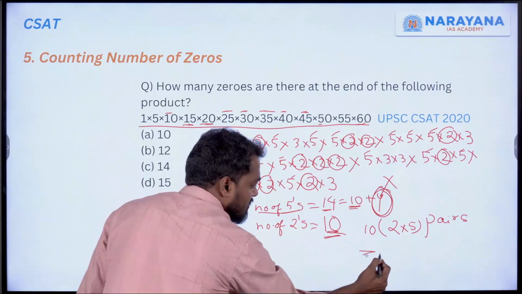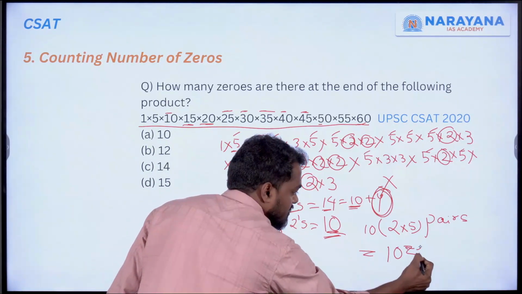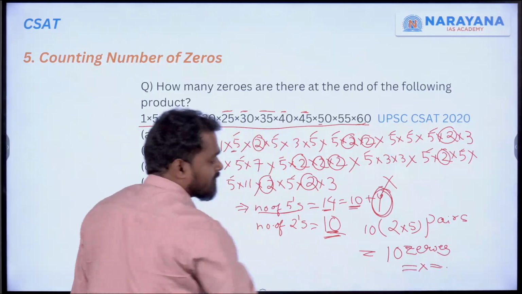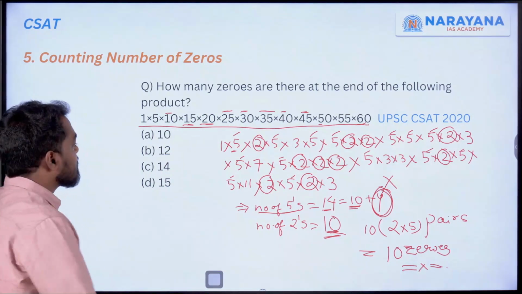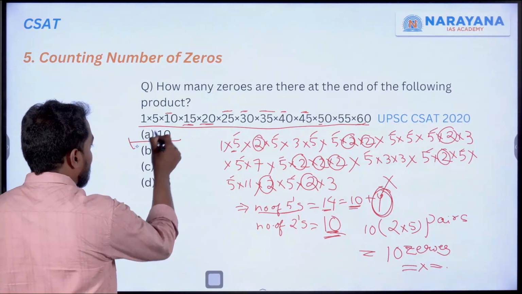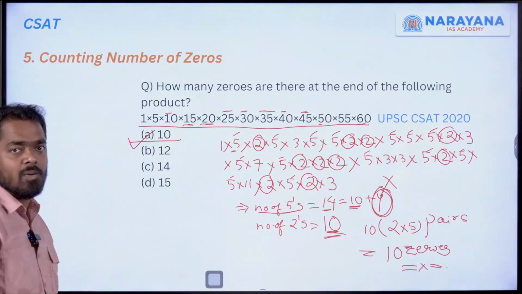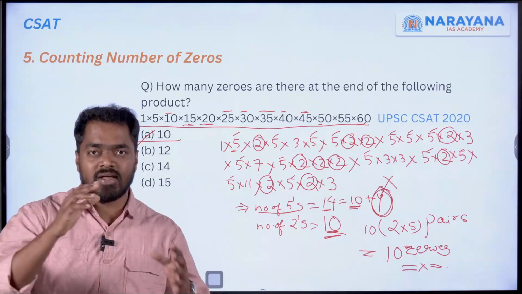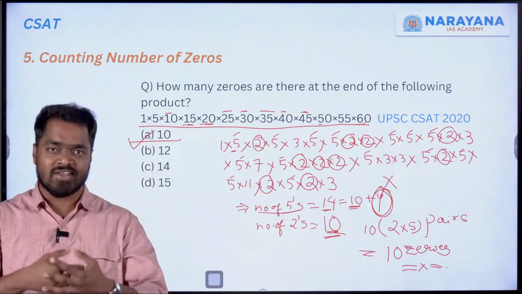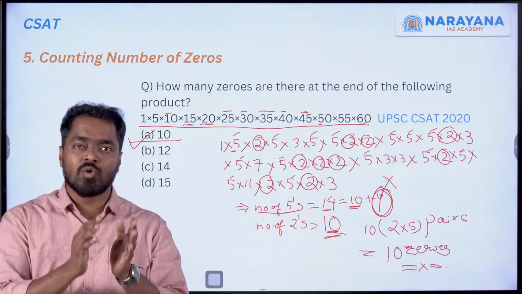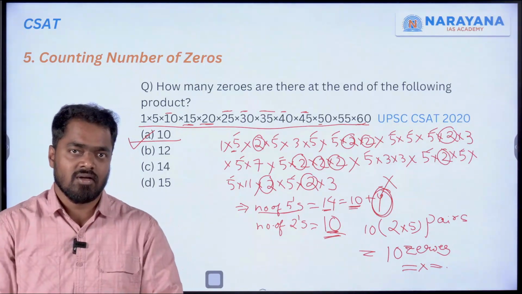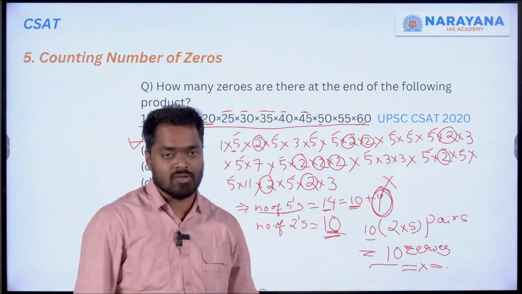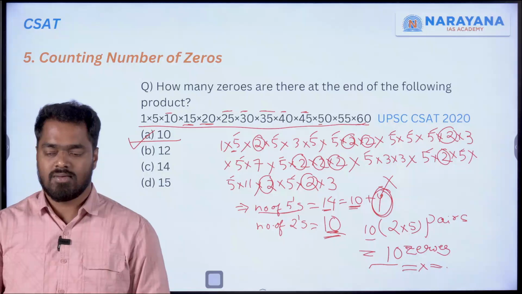That means 10 zeros. Got it? So what is the number of zeros in this product? That is option A, 10. Understood? So for finding the number of zeros, you have to extract the number of 2, 5 pairs. If you are getting 10 pairs, you are having 10 zeros. Simple.